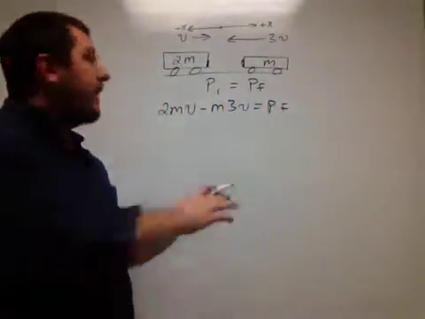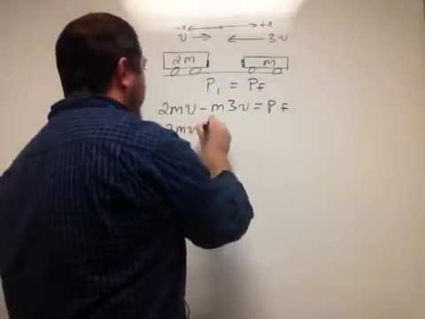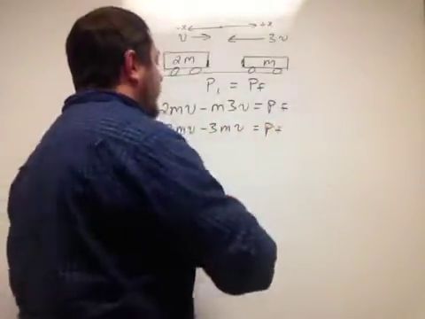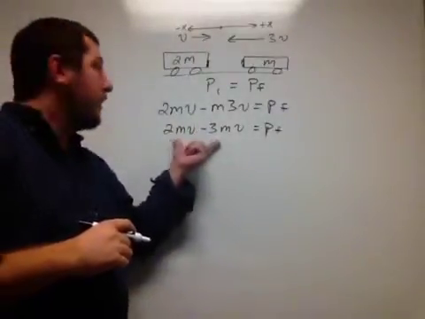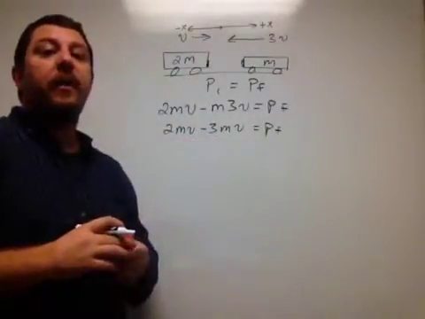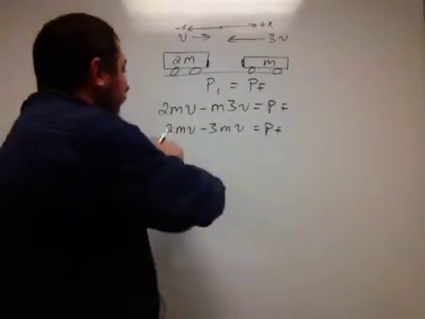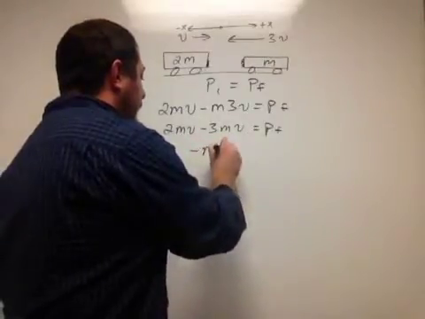I can rewrite this as 2mv minus 3mv. Both of these have the same factors, so I can add and subtract with impunity, and 2mv minus 3mv is negative mv.